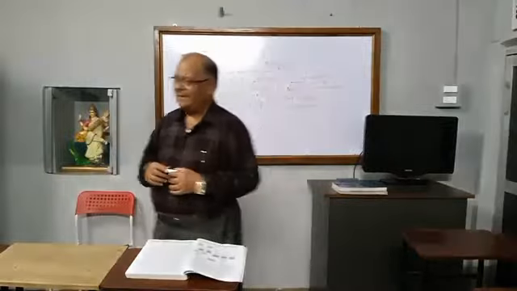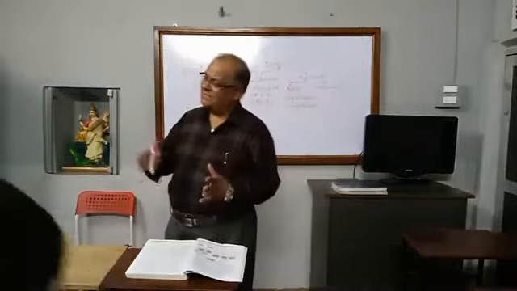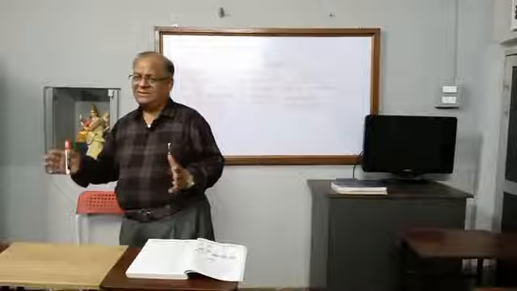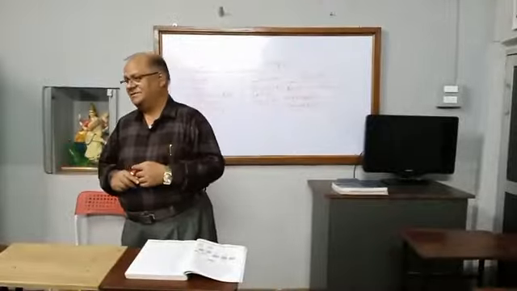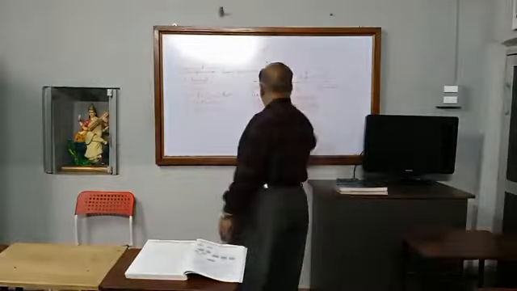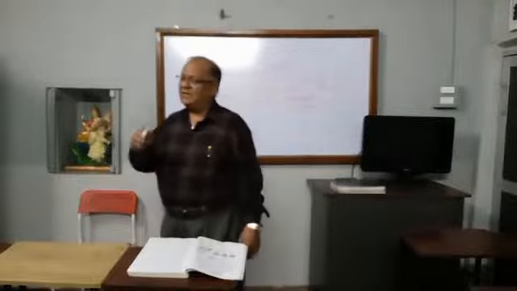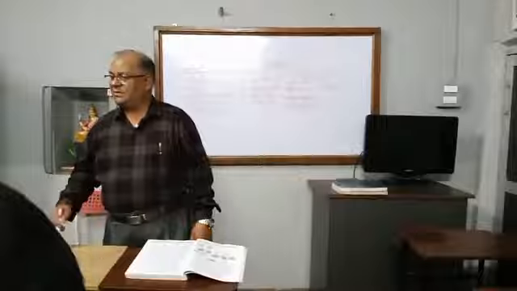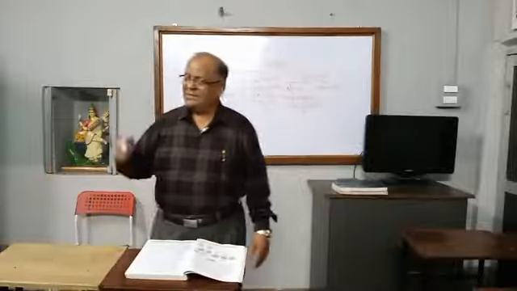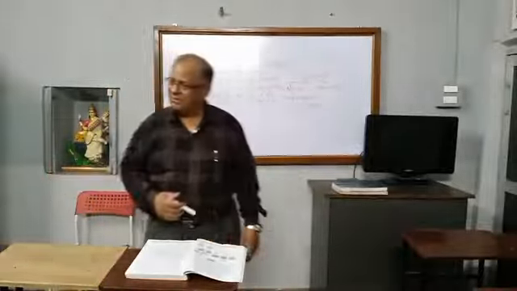What is the classification? First is real account, which relates to goods, commodities, properties. Then next is the personal account. All personal accounts relate to names. It includes the name of a person, a woman, a country, a bank, a society, Mitra Mandal, Mahila Mandal.